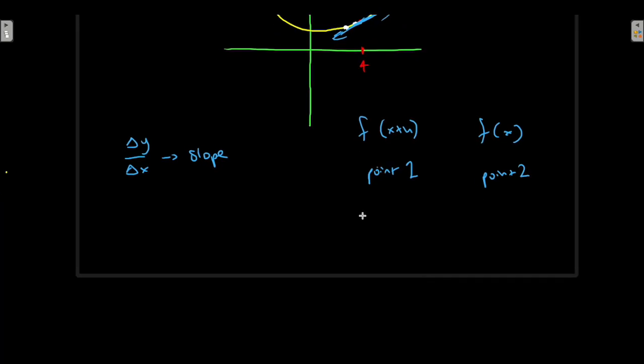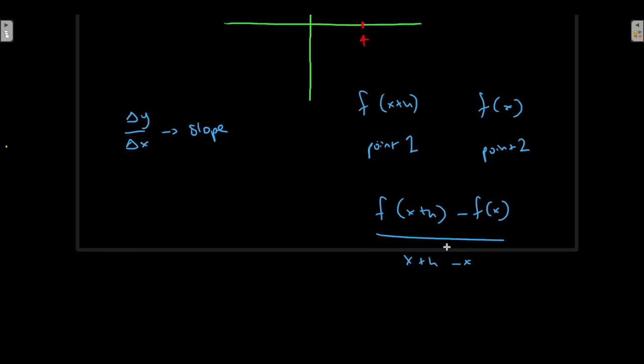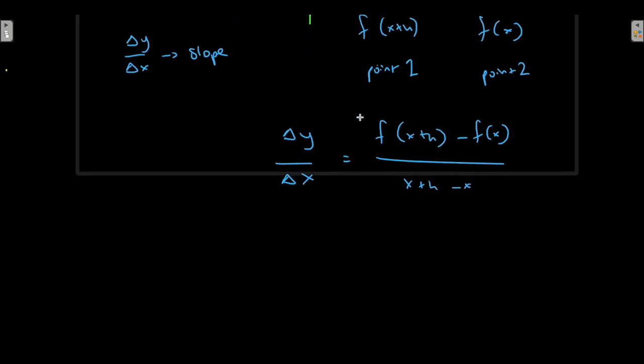And we take the slope of this. So this would just be f of x plus h minus f of x over x plus h minus x. Right, this is change in y over change in x. And then simplifying, we get f of x plus h minus f of x over h.